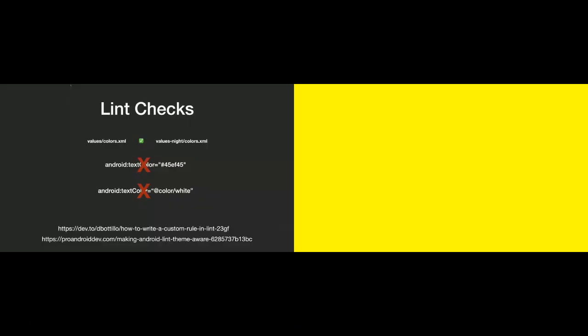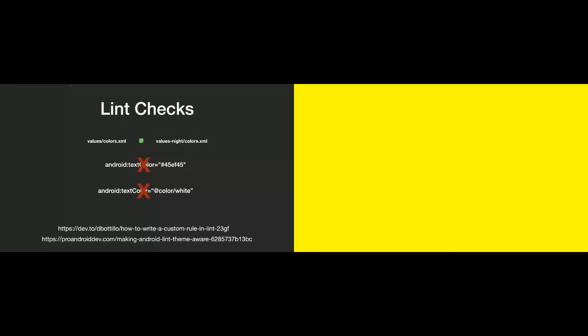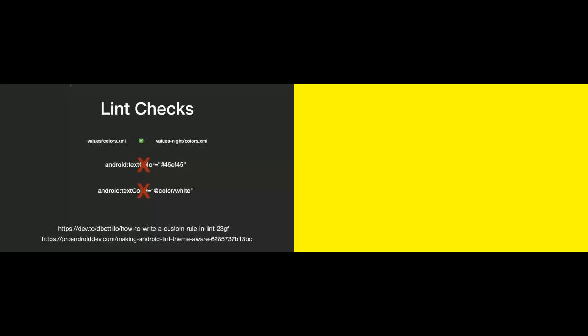And the third one, which is a bit more subtle, is if you have a color reference, it's kind of all right, but if it contains a name like white, red, green, as I mentioned earlier, those colors may not work in dark. So it's better to be notified of this problem and then try to understand if that is a correct use case. I just want to mention that for the first two, we got inspiration from the Pro Android Dev article that is in the slide.